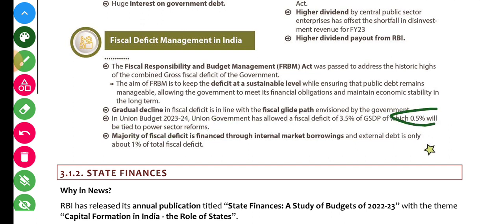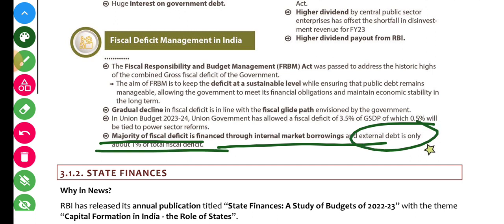So this can be remembered. Power sector reforms of the government will spend 0.5% of fiscal deficit. Majority of fiscal deficit is financed through internal market borrowings, and external debt is only about 1%.